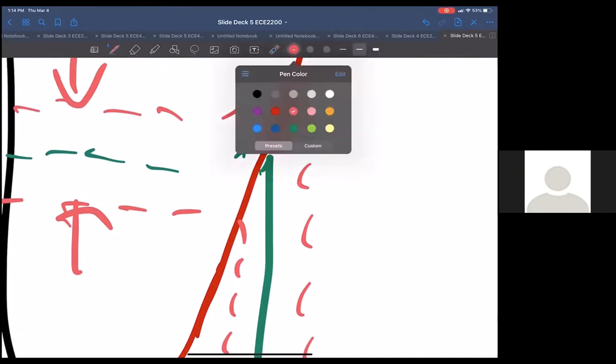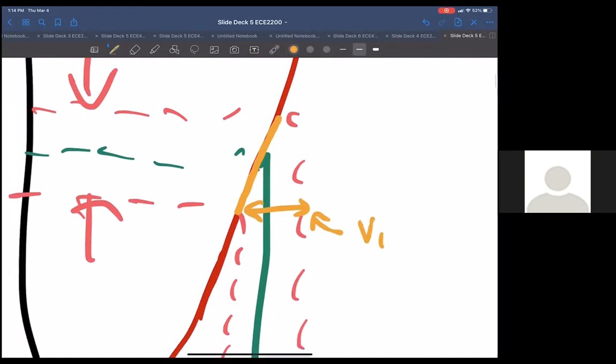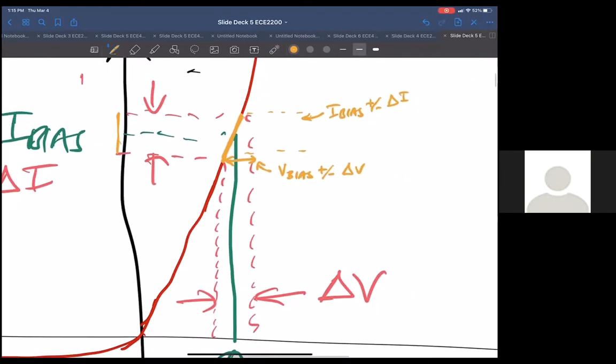So if you zoom in all the way here, just for this one point, you can assume that this range of your V, let me zoom out a little bit so I can write, V bias plus or minus delta V, in the current space, when you look at the current axis out here, gives you I bias plus or minus delta I. So just for this range, you can pretend like this slope is linear, and that therefore you can model it as a resistance.